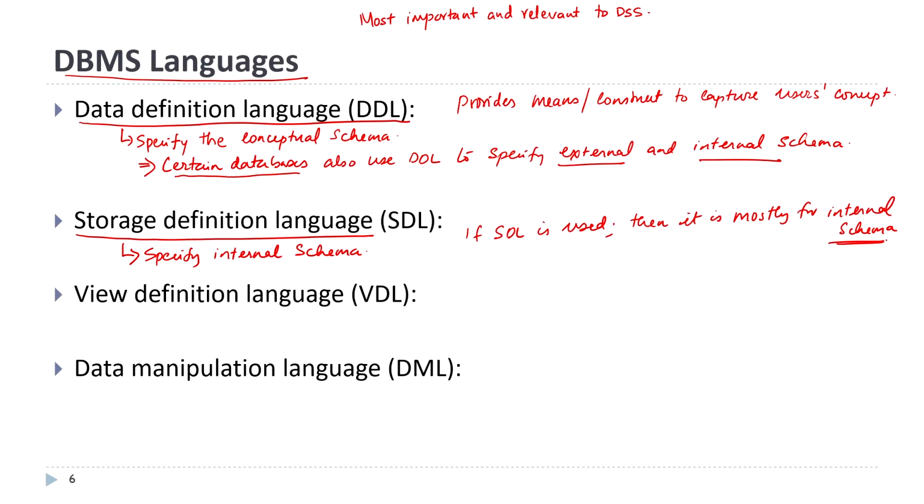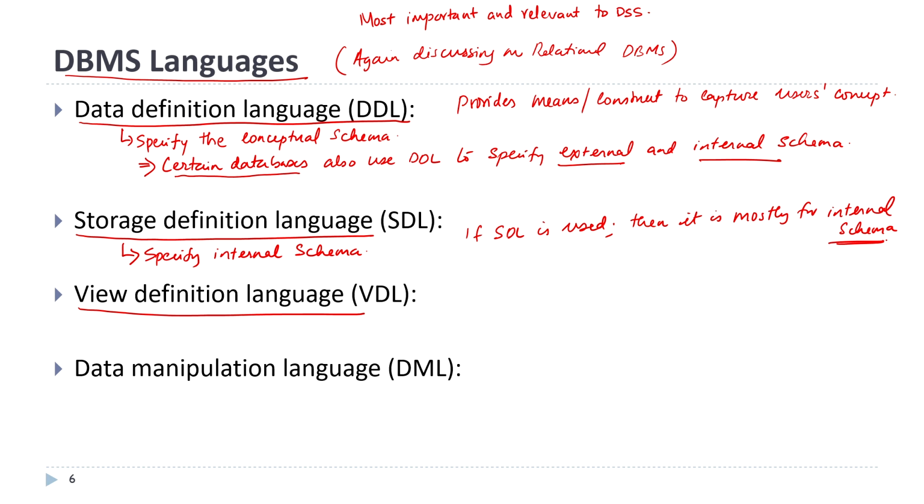Then there is a third type of language, which is called the view definition language. These are all languages that are mostly associated with what we call the RDBMS. Okay. We are discussing the relational database management system.